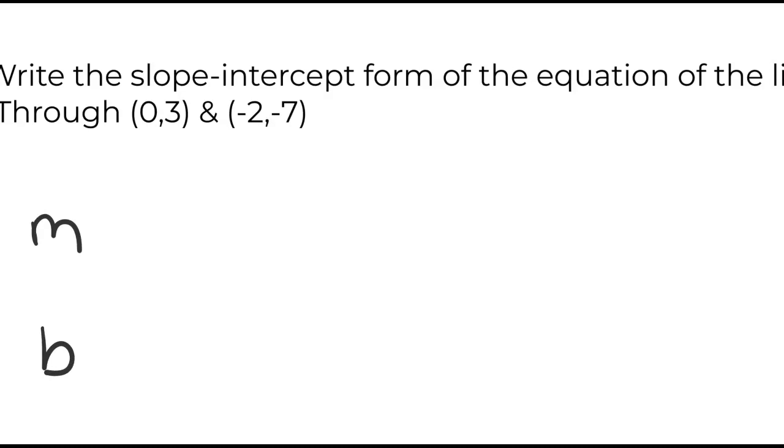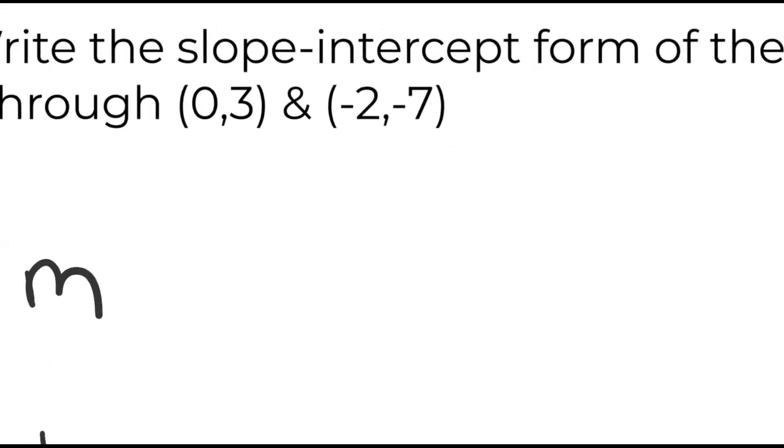First thing that I would do is label my points, because we're going to use our y2 minus y1 divided by x2 minus x1. So I would label 0, 3 as x1, y1, and this as x2, y2.